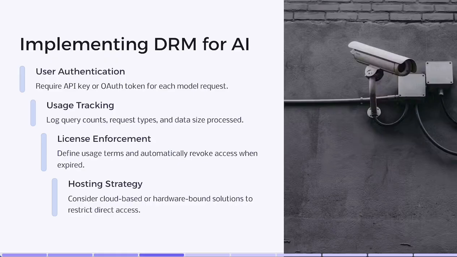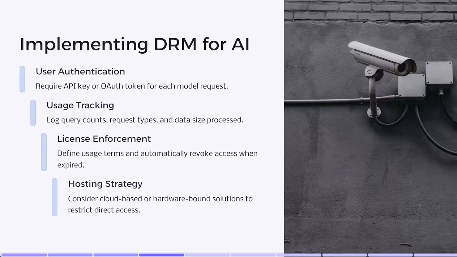Trigger alerts if usage exceeds expected thresholds, a tactic that can catch model extraction attempts. Number 3 is license enforcement. Similar to commercial software licenses, you define whether the model can be used for commercial versus research purposes, how many seats or applications it can power, and for how long. Now, if the client's usage period ends, their API access should be automatically revoked.